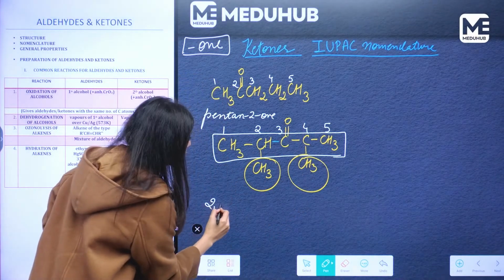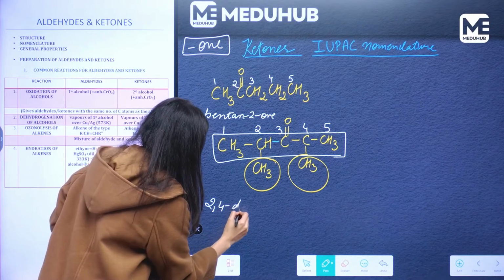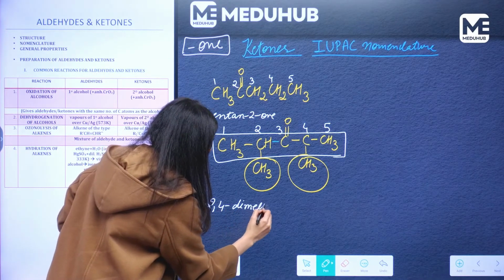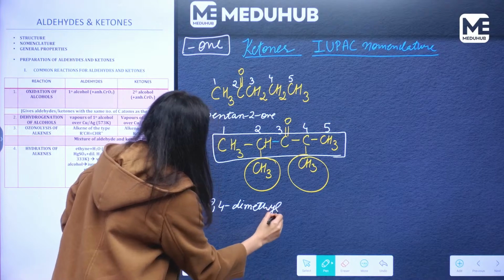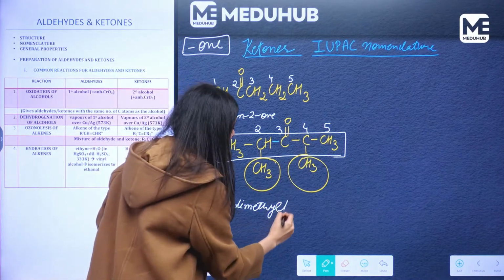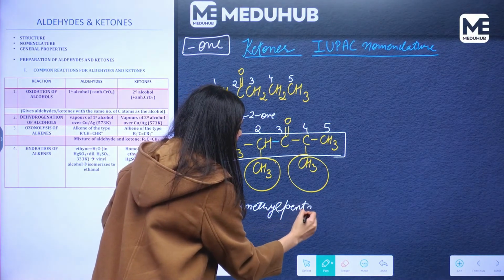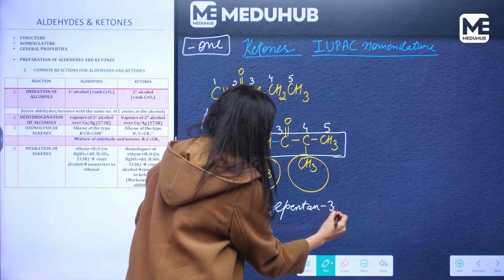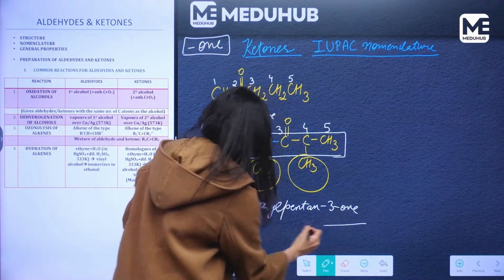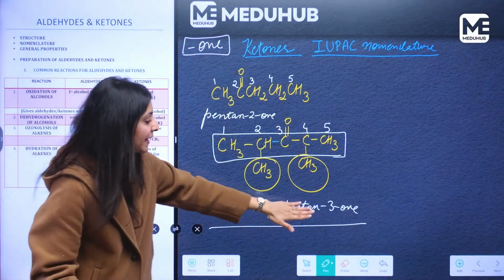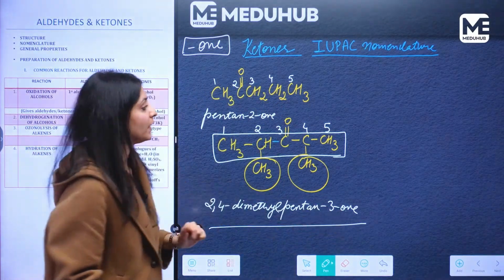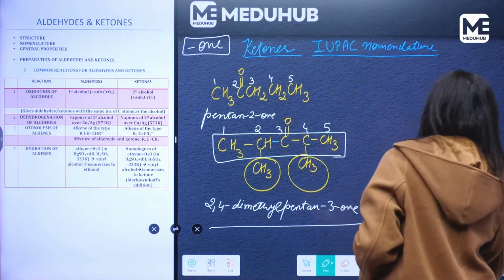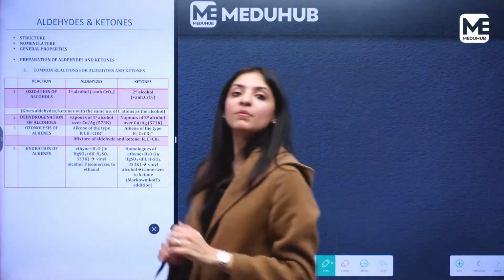So 2, 4 have dimethyl substituents. 2,4-dimethyl. 5 carbon chain, so it's a pentane. Drop the E of the pentane. At the third carbon we have a keto group. So it is 2,4-dimethylpentan-3-one. Okay. So this is it for the nomenclature.